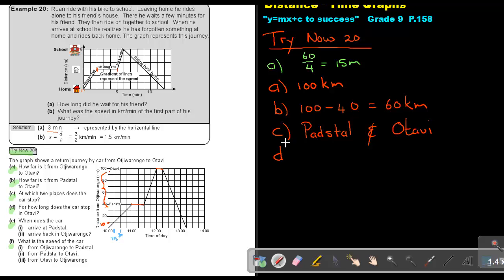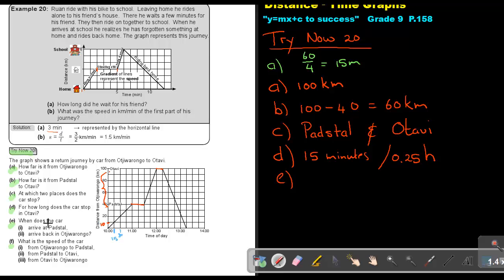Okay, number D. For how long does the car stop in Utawi? Now, it's just 1 block, and 1 block was 15 minutes, so we can just say 15 minutes. Or, because they don't specify, 15 divided by 60, so it's 0.25 hours.